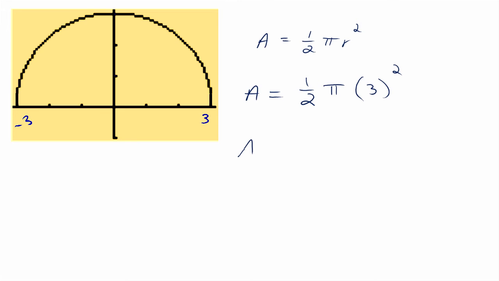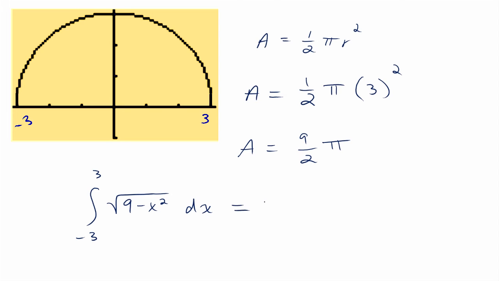So the area in question would be 1/2 times pi times 3 squared, which is 9/2 pi. Therefore, we can write the definite integral from -3 to +3 of square root 9 minus x squared dx is equal to 9/2 pi.